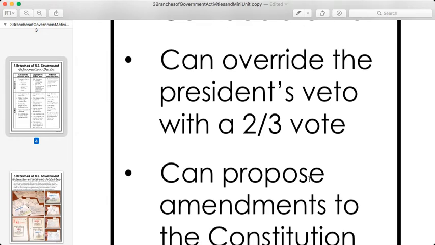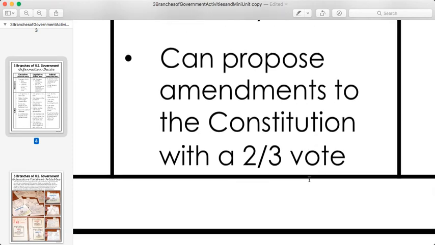So if there's a law being made, the president has the right to say no. But if 2/3 of the legislative branch votes that the law should be passed, even though the president said no, that law can be passed. They can propose amendments to the Constitution with a 2/3 vote. So we're going to learn next week something called the Bill of Rights.